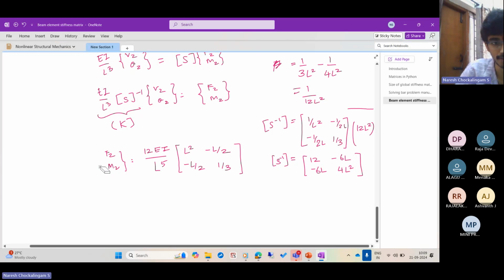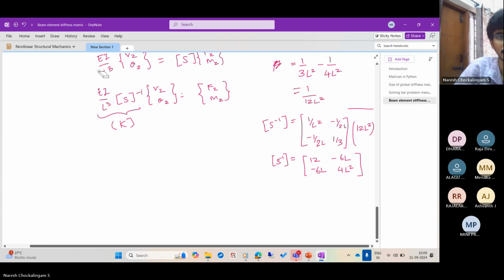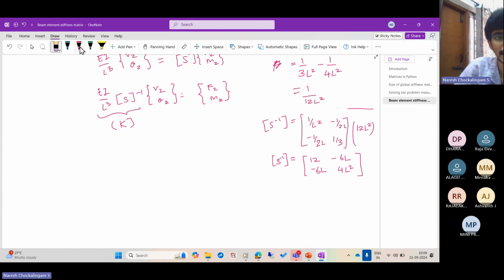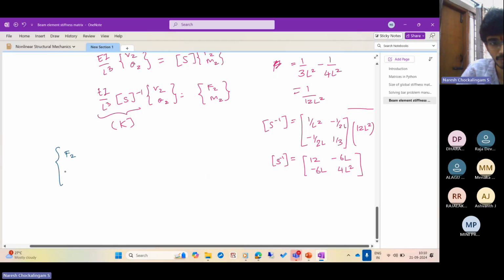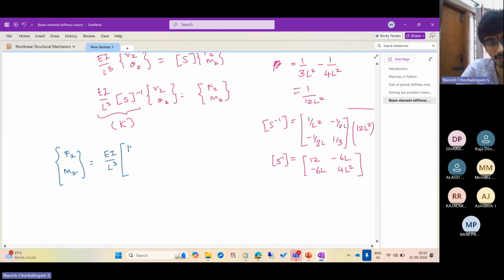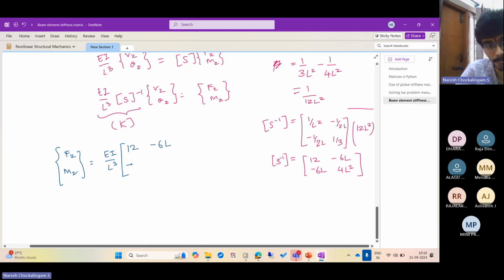So this relation can be written in this form: F2 M2 is equal to EI by L cube, and S inverse is 12, minus 6L, minus 6L, 4L square, times V2 theta 2.